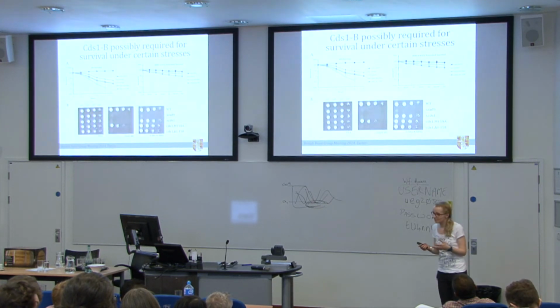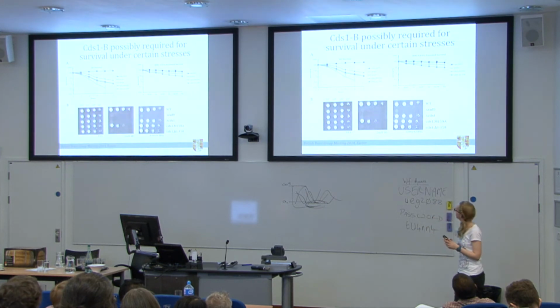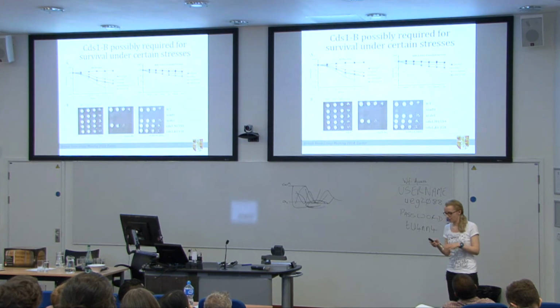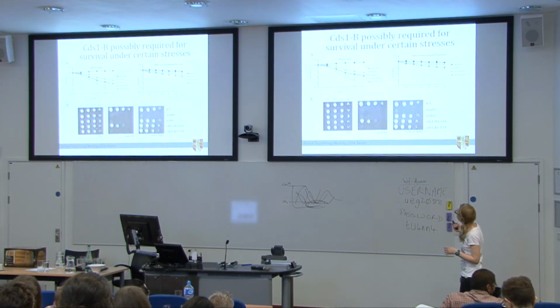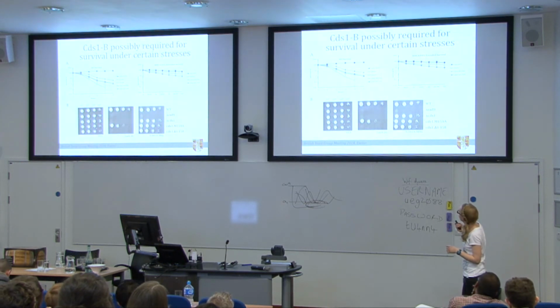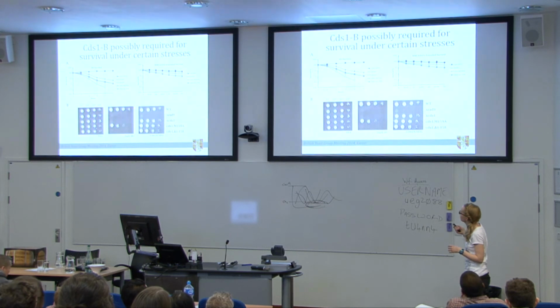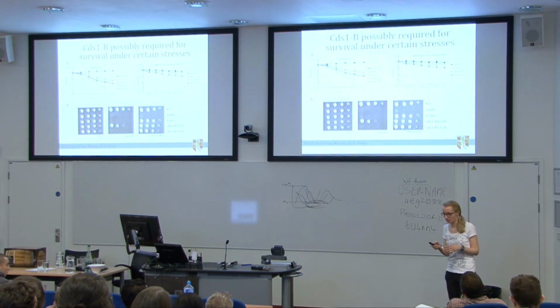It's possible that this Cds1b, that shorter variant, is required for survival under certain conditions, although this isn't quite certain just yet. In both acute and chronic studies, when we take away this Cds1b variant, so when we mutated that start codon, there's some susceptibility, and when we can only express that Cds1b variant, there's also susceptibility on exposure to hydroxyurea.